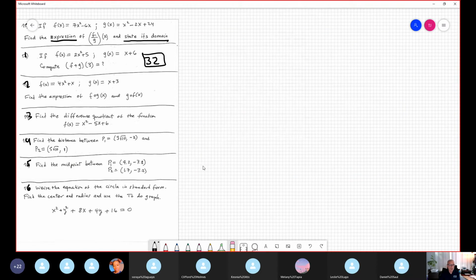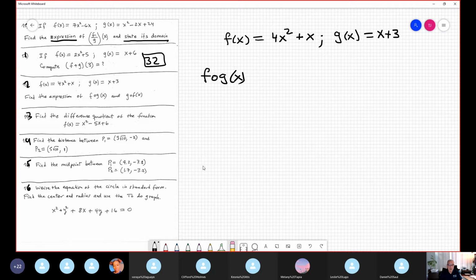is again the composition of functions, but in a different way. F of x is equal to 4x squared plus x; g of x is equal to x plus 3. And be careful, they want you to form the composition F composition G. Remember that symbol. This is a typical mistake in any test: the student believes, I don't know why, that this is F times G. No, no times, it's composition.